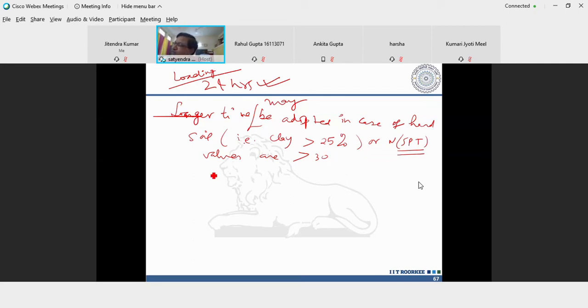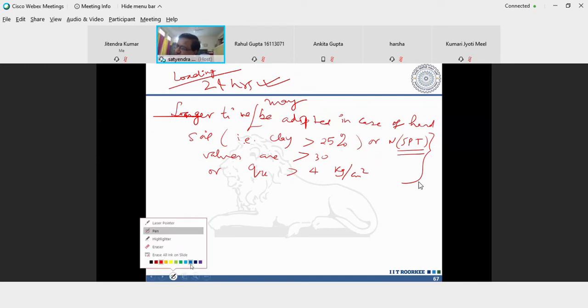Or the QU value. QU I have already explained, unconfined compressive strength test, is greater than 4 kg per centimeter square. When these three conditions are there, then it is termed as hard soil. Otherwise it is a soft soil.